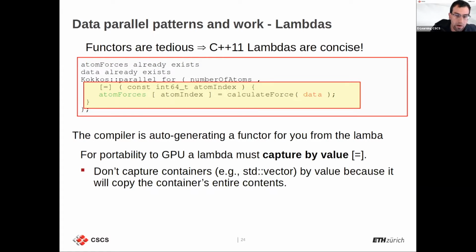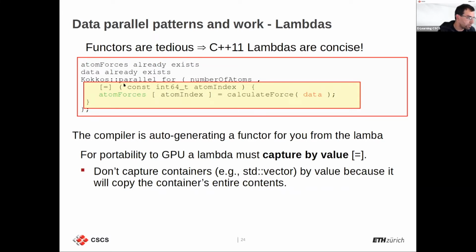Because lambdas are concise, very easy to understand, and much less verbose than a functor. So you don't have to write the class, the constructor, copy constructor, and so on. Basically, with lambdas, the compiler auto-generates a functor for you from the lambda.